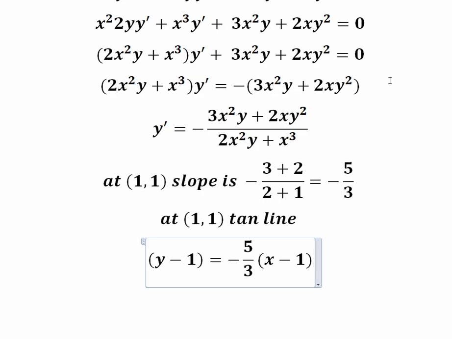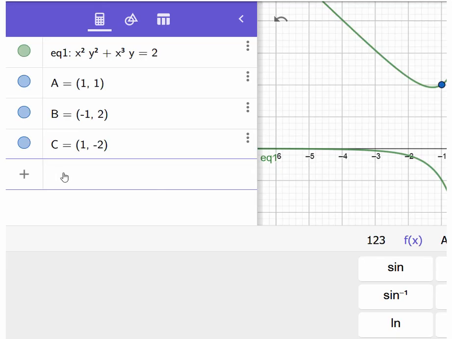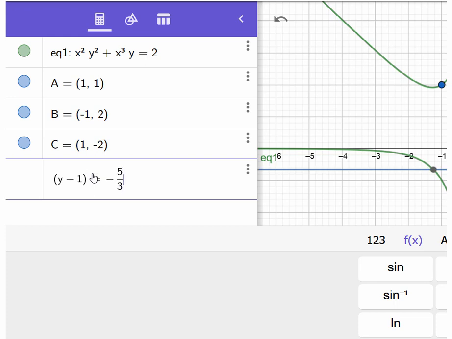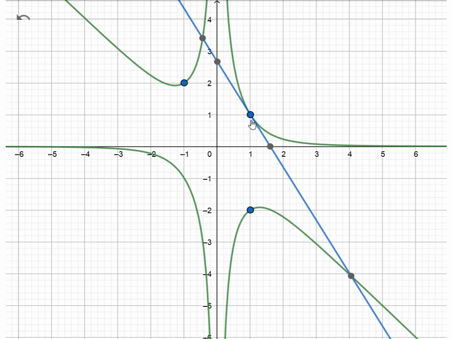So let's input our line in here: y minus 1 equals negative 5 over 3, times x minus 1. And in the GeoGebra graph you can see that we have gotten the correct tangent line at 1, 1. You can graph the tangent lines at 1, negative 2 and negative 1, 2 in a similar fashion.